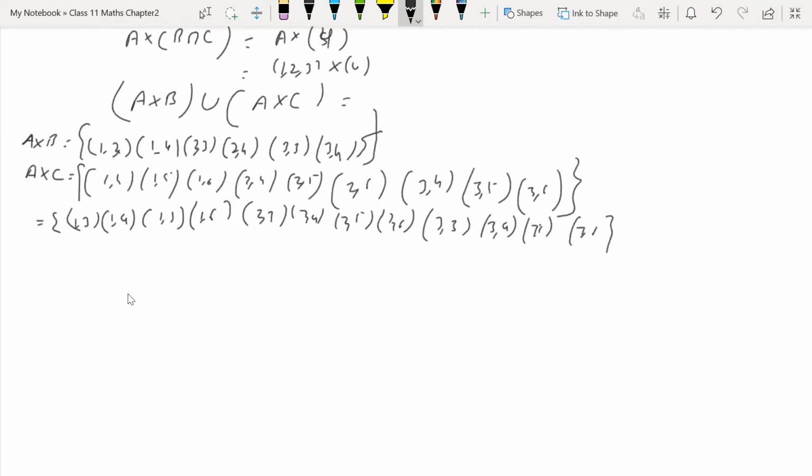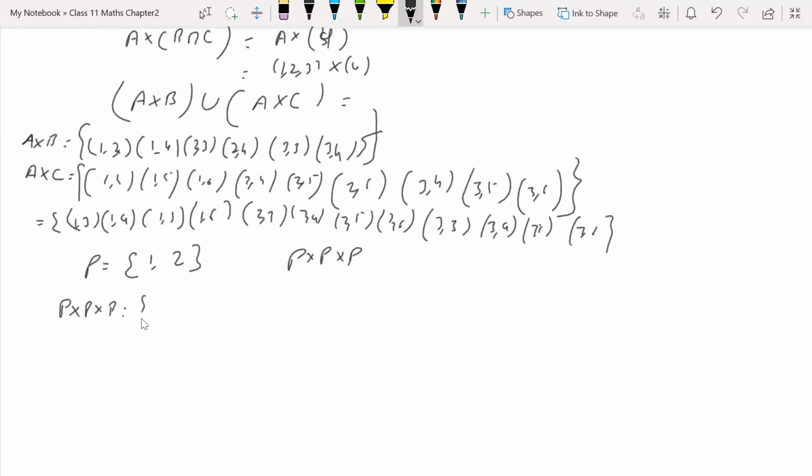Now, let's take an example of triplets. Triplets Cartesian product, triple A. I have shown the triplet previously. Let P be a set 1, 2. Then what would be P cross P cross P? Three sets.